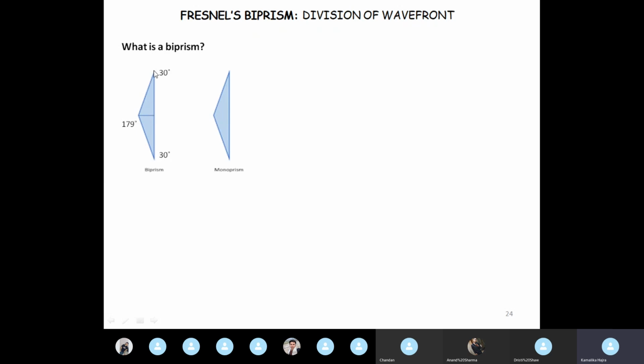The glass is cut such that these two angles are each 30 degrees, and the peak angle, in a monoprism, we know that angle A is usually 60 degrees. You've all studied it in your high school optics. In a biprism, the peak angle is about 179 degrees. Okay, so this is a biprism.